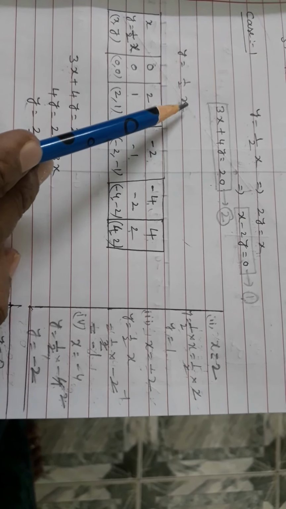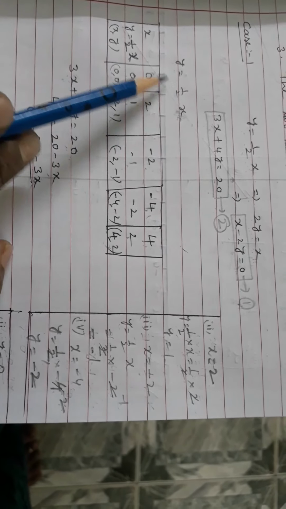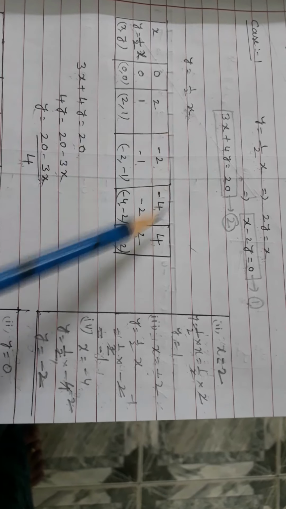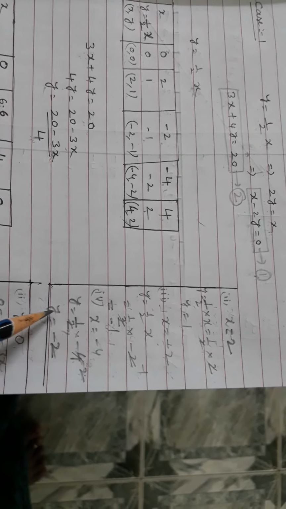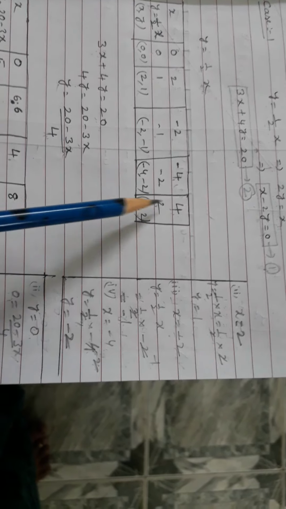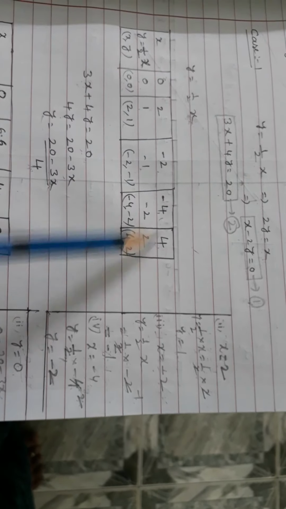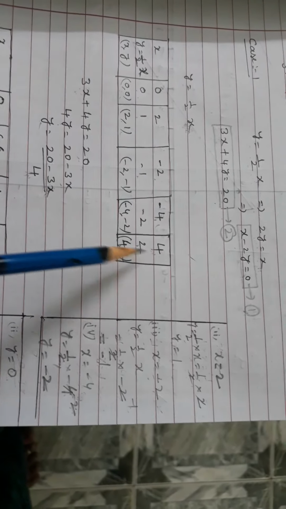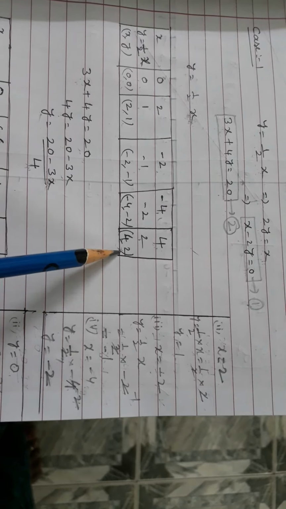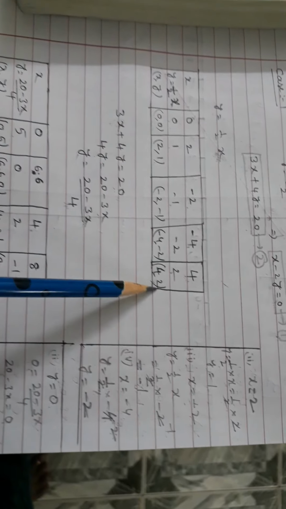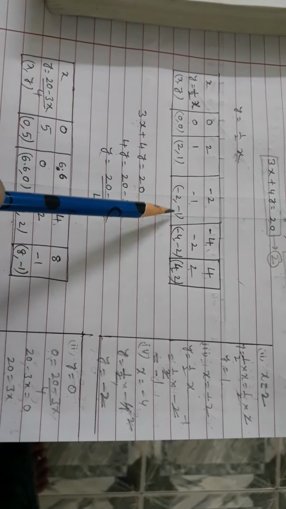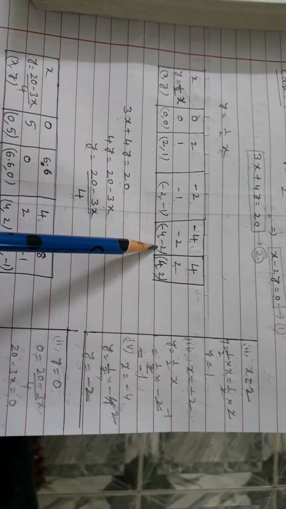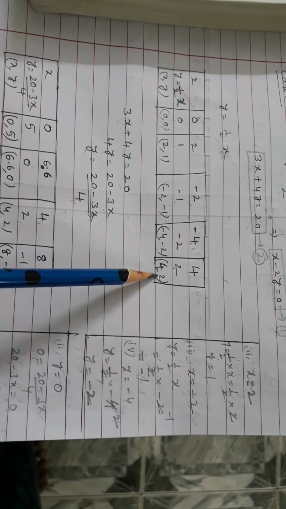Put x is equal to minus 4, the 2s cancel, y is minus 2. Put x is equal to 4, the 2s cancel, y is 2, so the ordered pair is 4 comma 2. The ordered pairs for the first equation are 0 comma 0, 2 comma 1, minus 2 comma minus 1, minus 4 comma minus 2, and 4 comma 2.